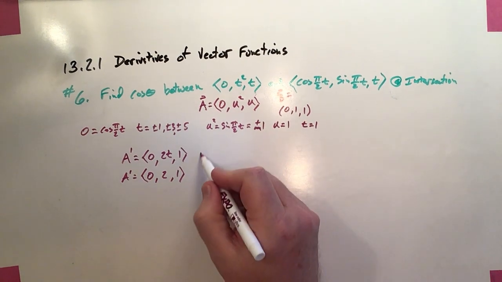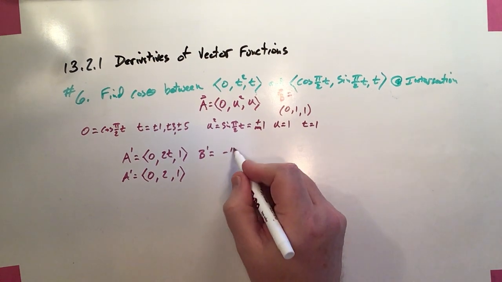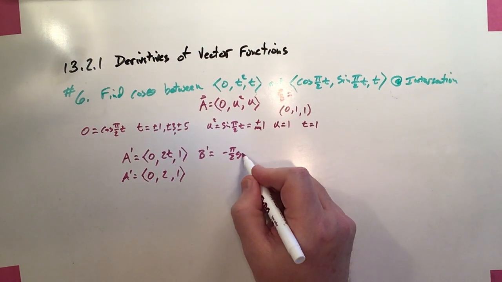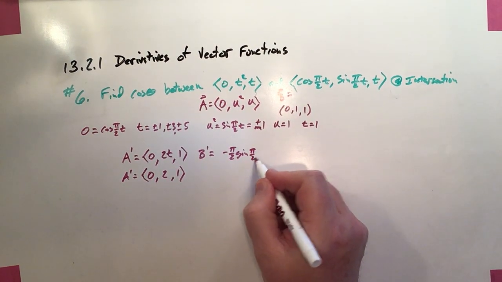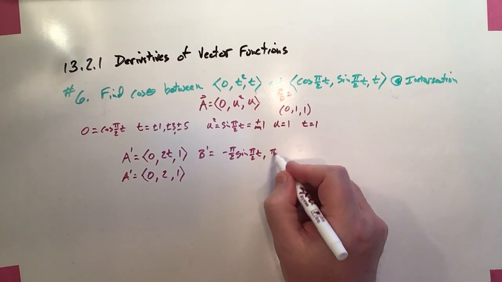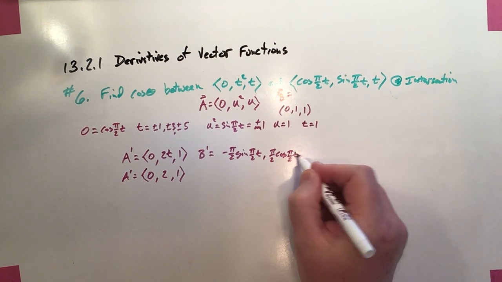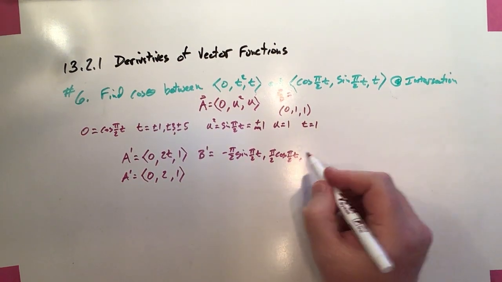Okay, let's do the same thing for b. b's a little harder. b prime is going to be negative pi over 2 sine of pi over 2t. Its y component is pi over 2 cosine of pi over 2t, and its z component is 1.